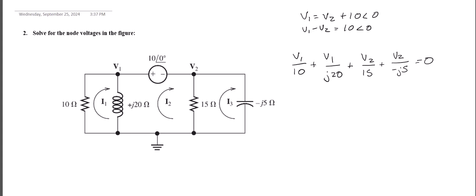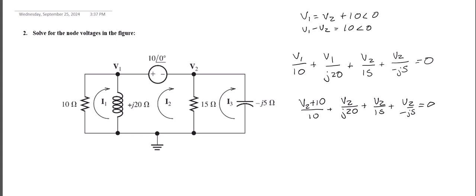Then I can replace my V1s with V2 plus 10, and it's angle 0, so I can just say V2 plus 10 over 10 plus V2 over J20 plus V2 over 15 plus V2 over minus J5 equals 0.